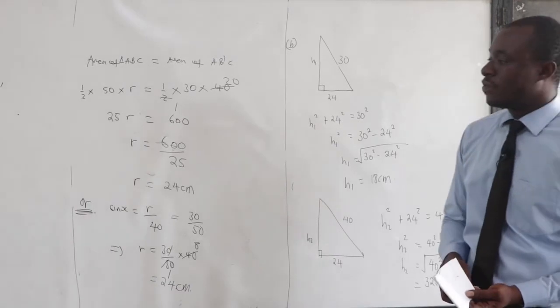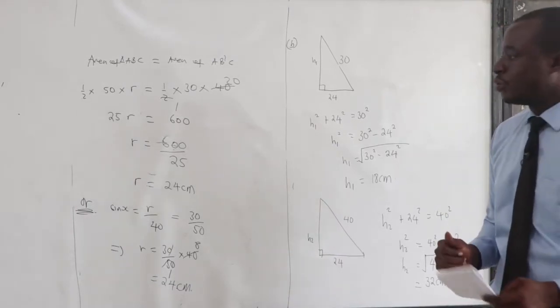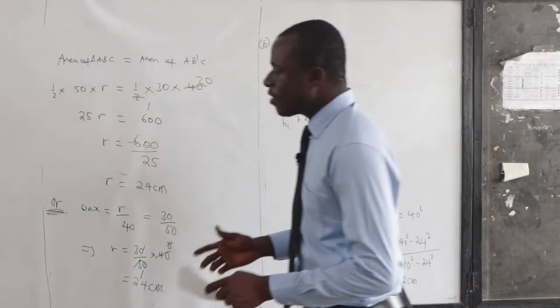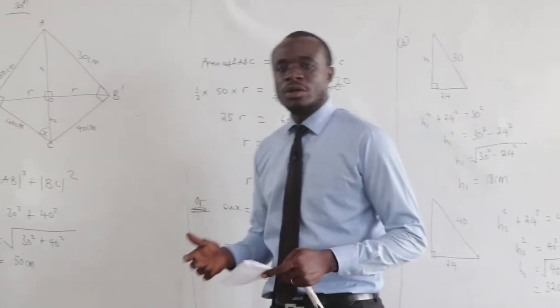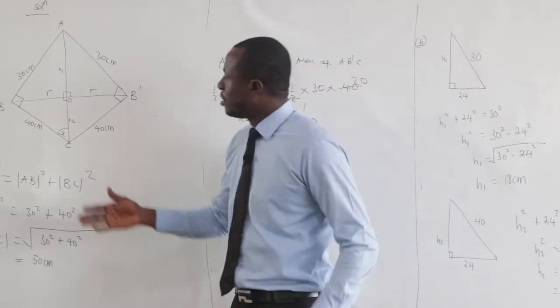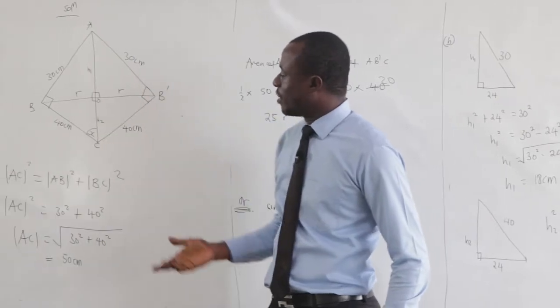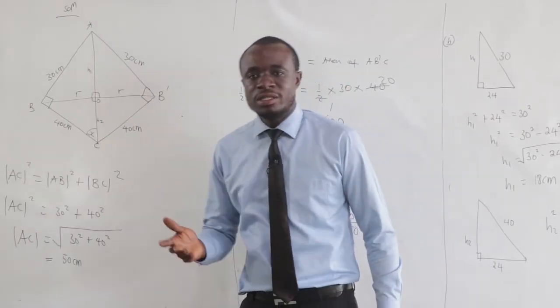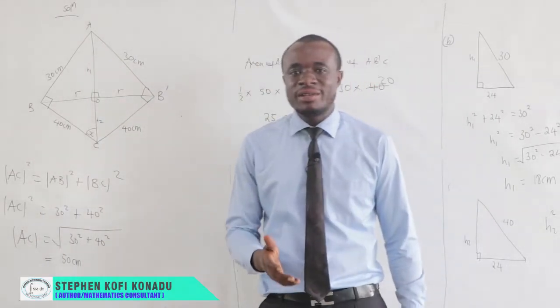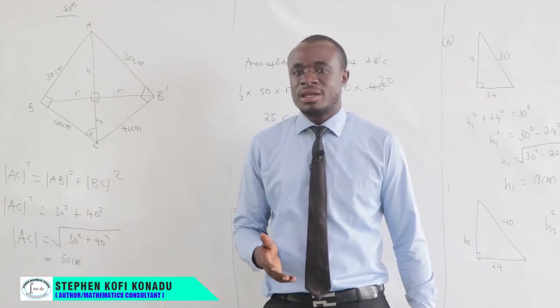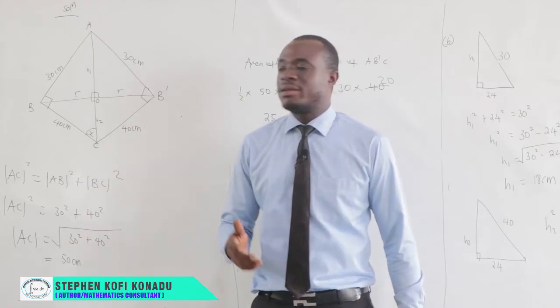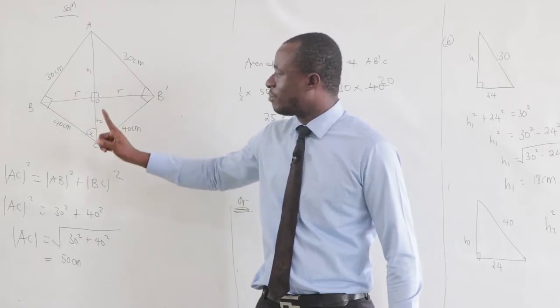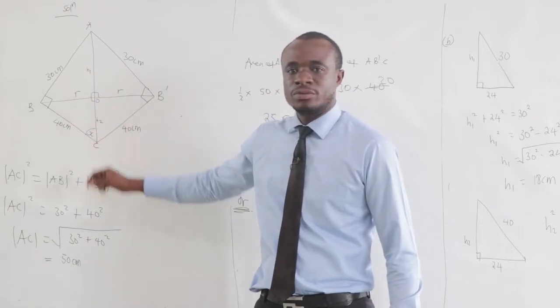Now the next one says you should find the volume of the double cone. For us to find the volume of the double cone, what's the formula for finding volume? Volume is 1/3 times the base area times the height. Now, the height becomes H1 plus H2.